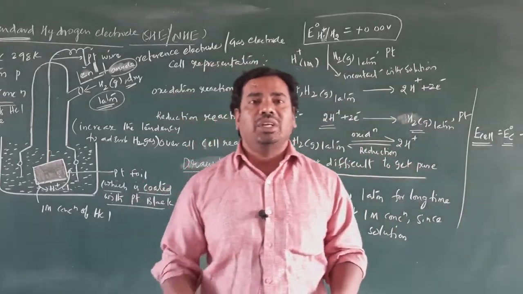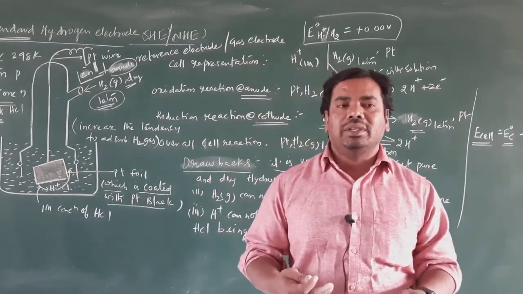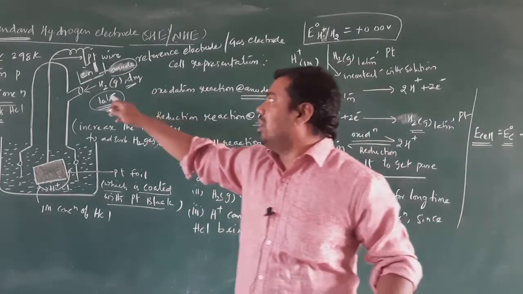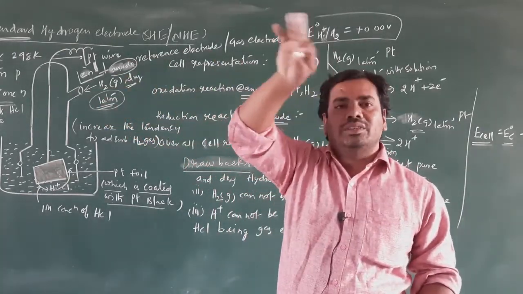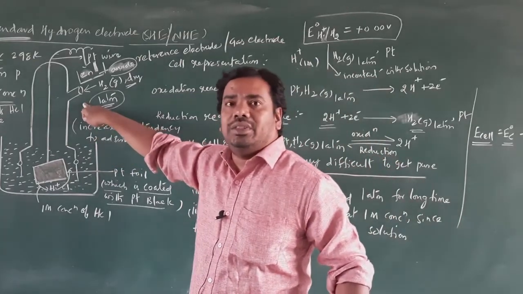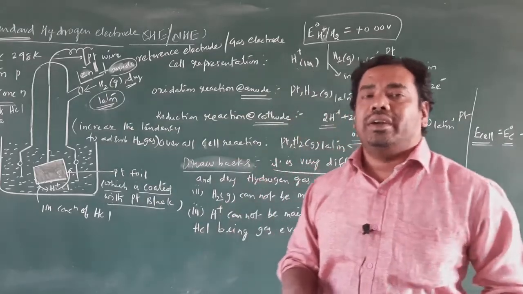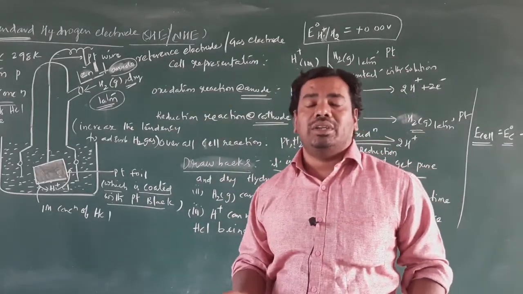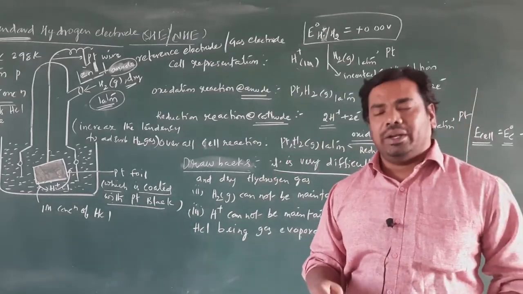Dry conditions are difficult too: if there are any leakage problems, and the hydrogen gas passing through the nozzle reacts with oxygen or moisture in the atmosphere, then the hydrogen gas is no longer dry. So there are some problems with the usage of hydrogen gas.